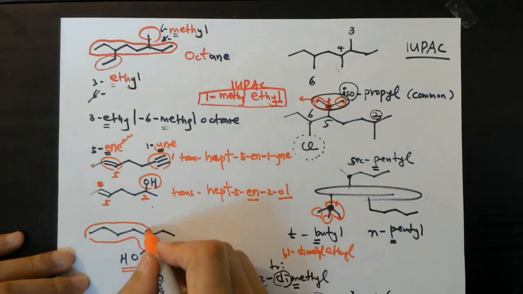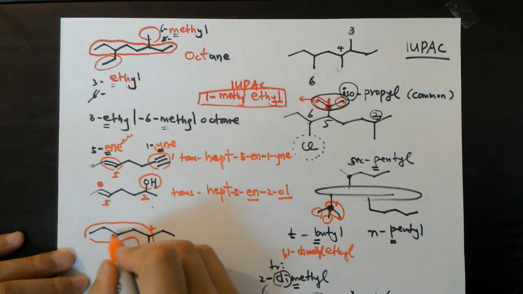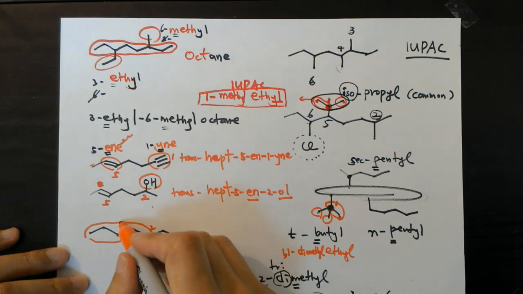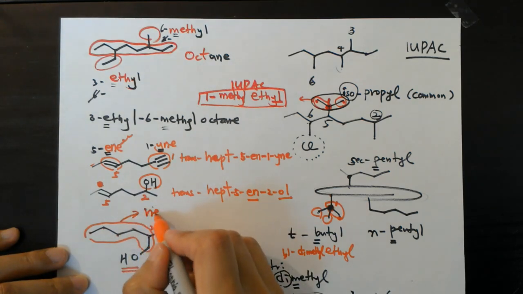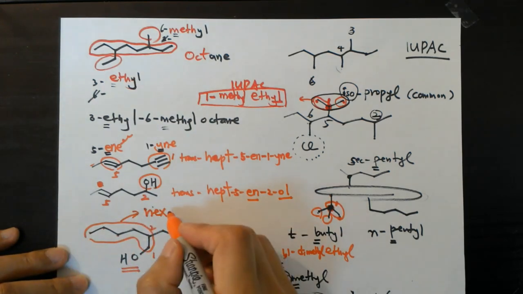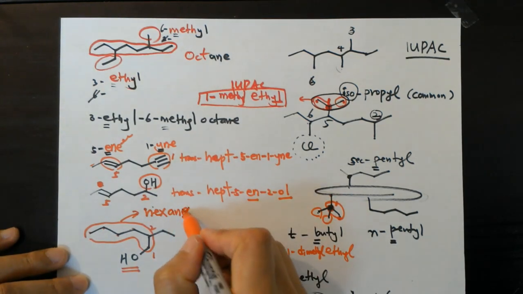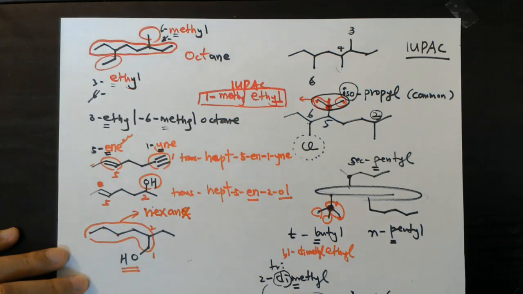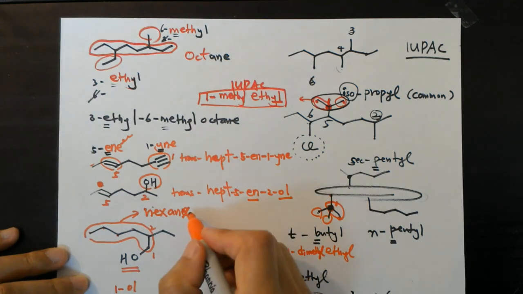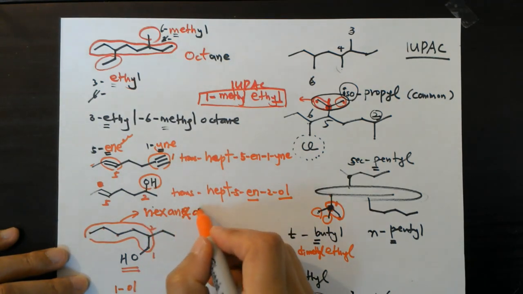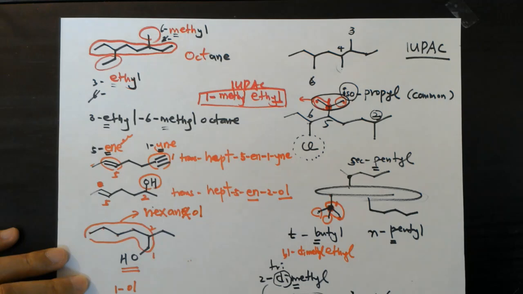So you choose this and you give the numbering priority to the functional group. So 1, 2, 3, 4, 5, 6. There are 6 carbons, so hex, no double bond, no triple bond, hexane, but no E because you have to put the OH functional group name, which is ol. When ol has number 1, well, you can omit the 1, so you can just simply say hexanol or hexan 1 ol.